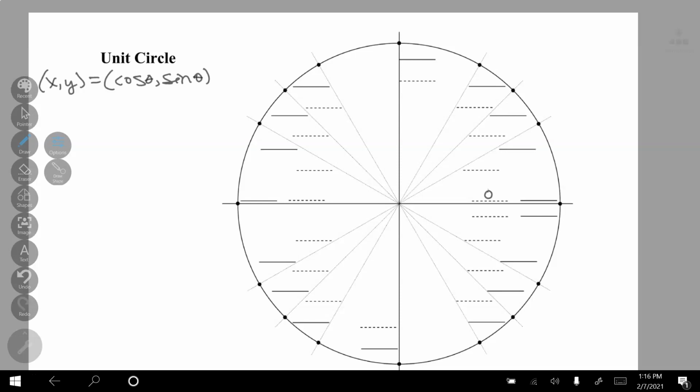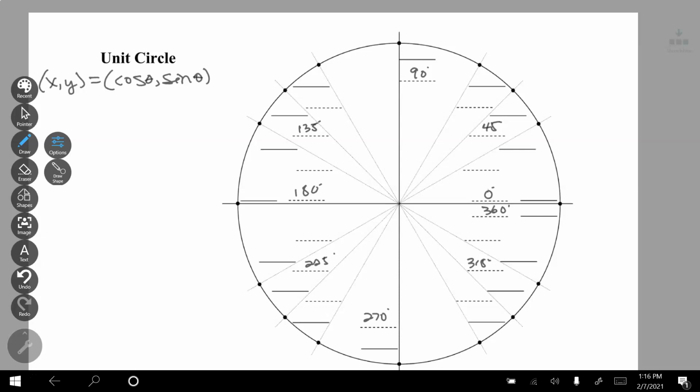Let's do degrees. I know the positive x-axis at the beginning is 0, and the ones in the middle of the quadrants are 45 degrees. So 45 degrees, 90, 135, 180 degrees, 225 degrees, 270 degrees, 315 degrees, and finally 360 degrees.